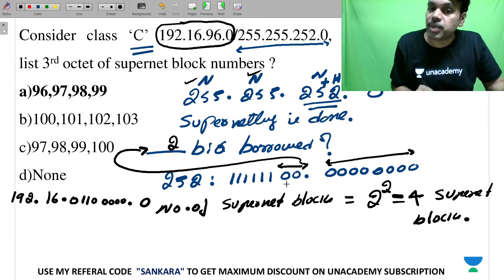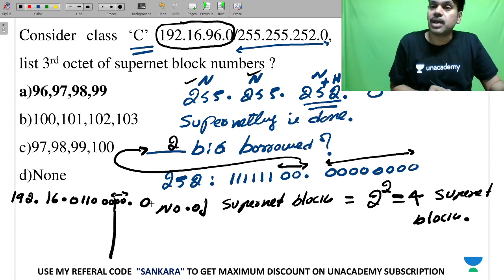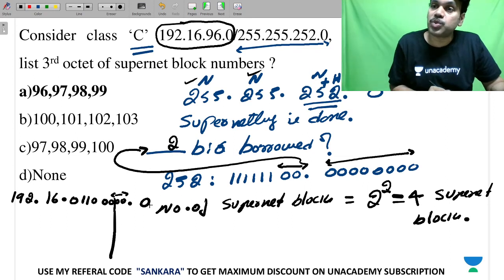Now 2-bit combination you tell me. So last 2-bit combination. What is your last 2-bit combination? Because those bits are only borrowed.